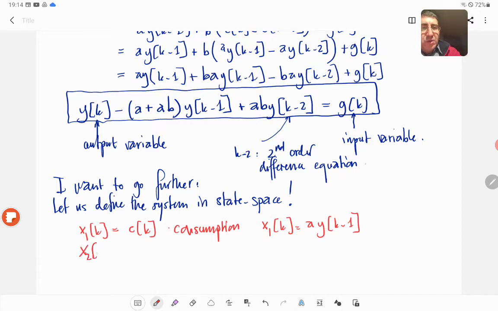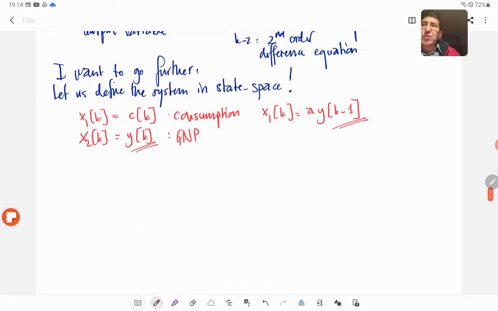And let us also define the second state as directly our output variable, yk. Okay, so this is the gross national product. So you see you have yk as a state and yk minus 1 as a state with a constant factor.